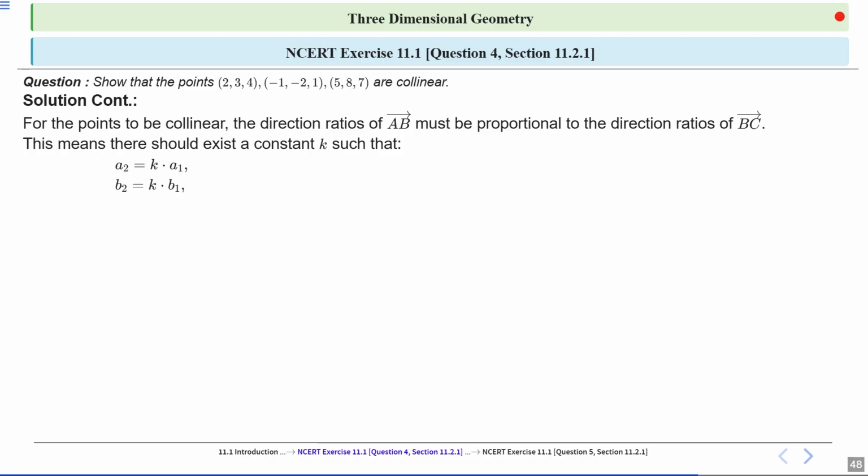Here, b1 is the y component of AB and b2 is the y component of BC. Again, we need this relationship to hold for the same value of k as before. Finally, for the z component, c2 equals k times c1, where c1 is the z component of AB and c2 is the z component of BC. Now let's check the ratios.